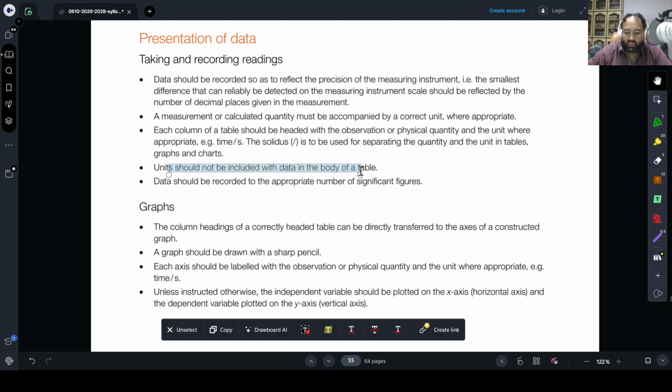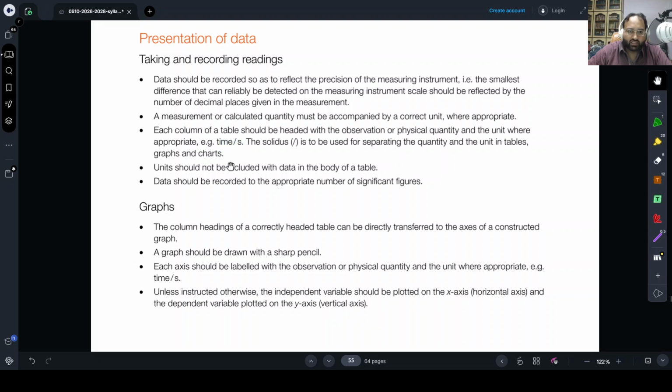So what they mean to say is that if you put the unit in the heading of the column or row, whatever the case is, then you don't need to rewrite it with every value you're putting in, because anything under that heading is of that unit. If you're measuring time in seconds and you go, 2 seconds, 5 seconds, 8 seconds, you don't need to keep writing 2s, 8s.